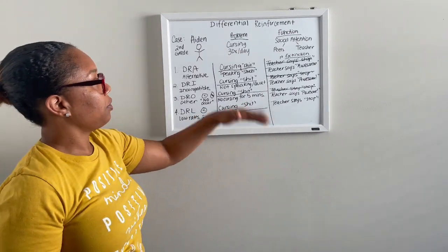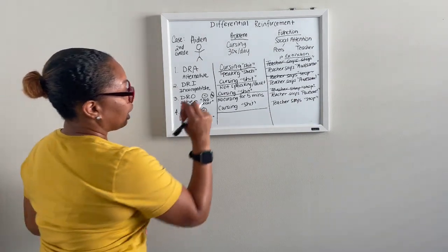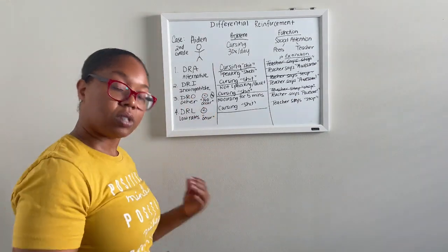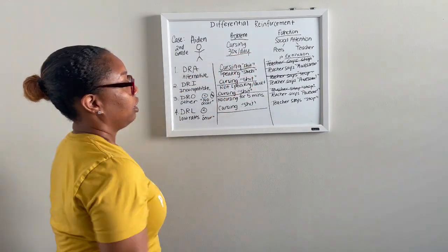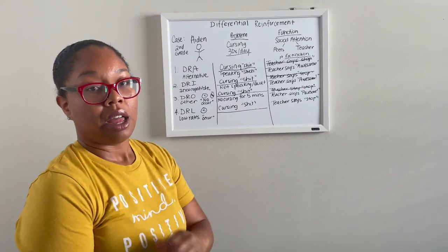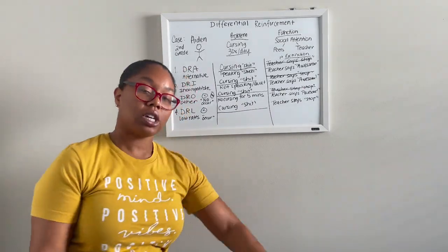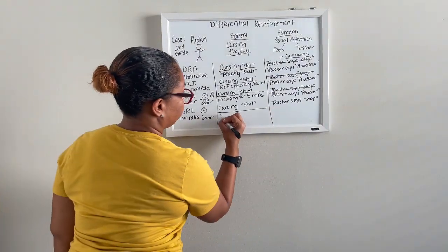What is going to be different? What's going to be the differential reinforcement of the DRL? Aiden can continue to say shit, but instead of saying shit 30 times a day, he's going to be limited. It's going to be a lower rate. We're going to say, hey man, you can only say shit 20 times a day.